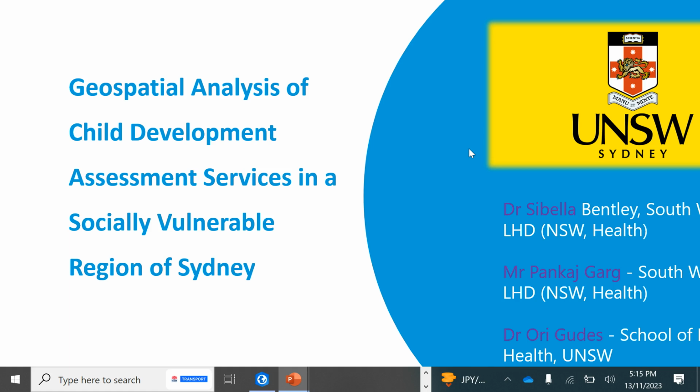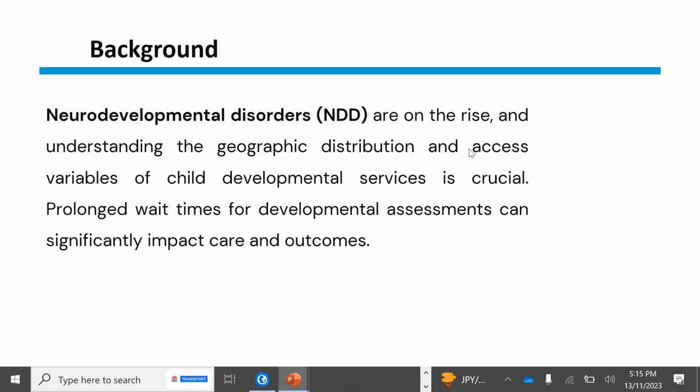The title is Geospatial Analysis of Child Development Assessment Services in a Socially Vulnerable Region of Sydney, and in particular, we're focusing on the western or southwestern part of Sydney. A bit of background: we focus on neurodevelopmental disorders, NDD, and they are actually on the rise.